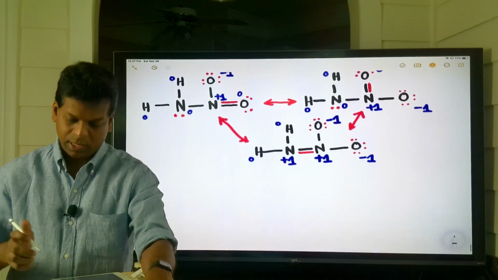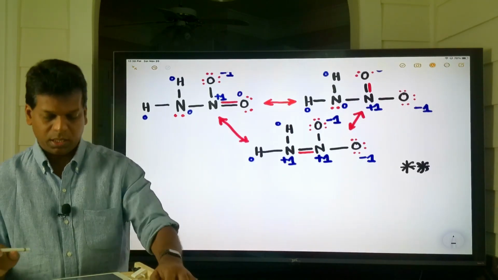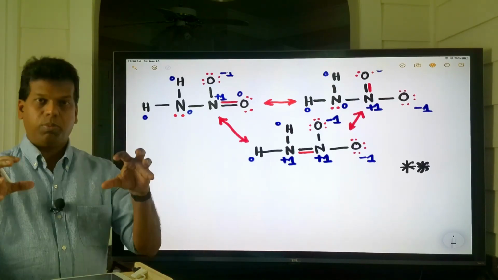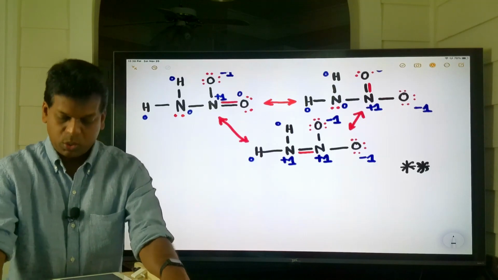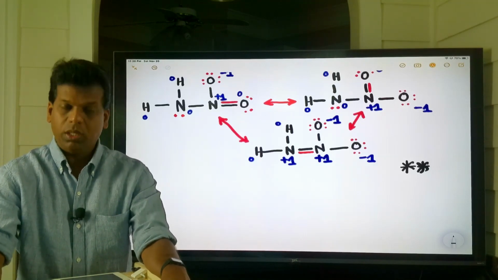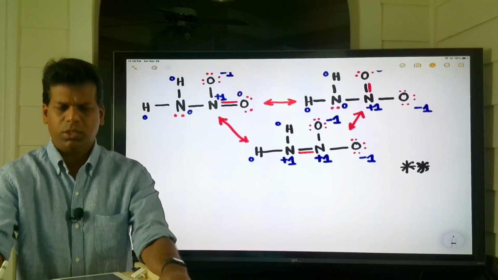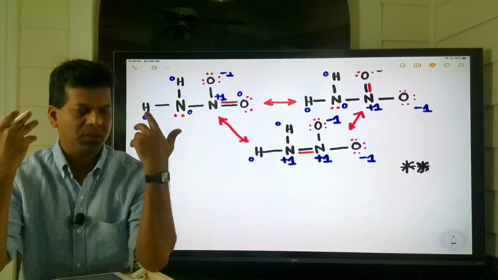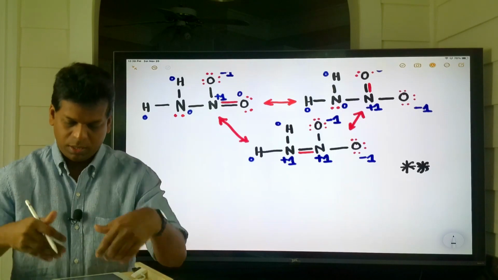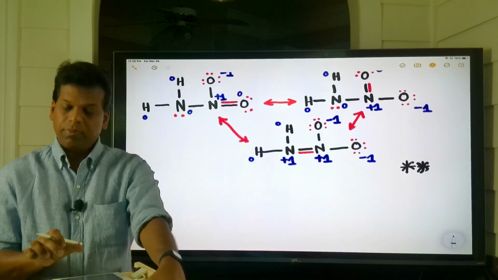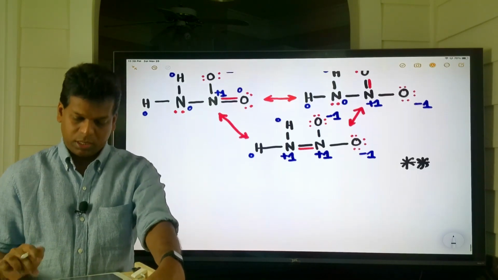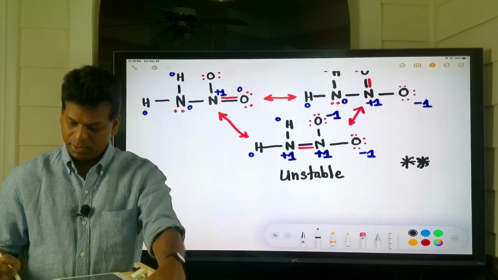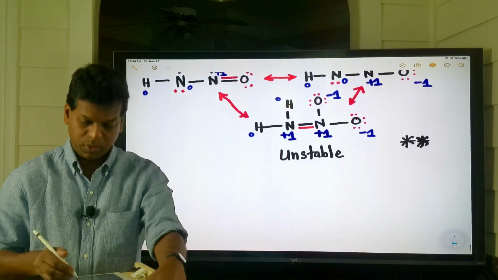If you look at the last structure, there are 2 positive formal charges close to each other, on the 2 nitrogens. That is unstable, because 2 charges of the same type don't like to be close to each other. Because of that, the third structure is unstable. Let me write why. I just said it, but let me write it in words.